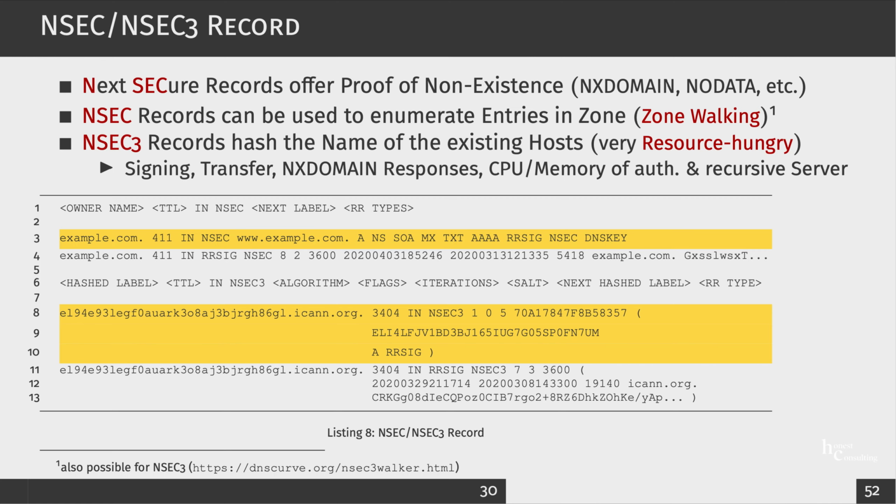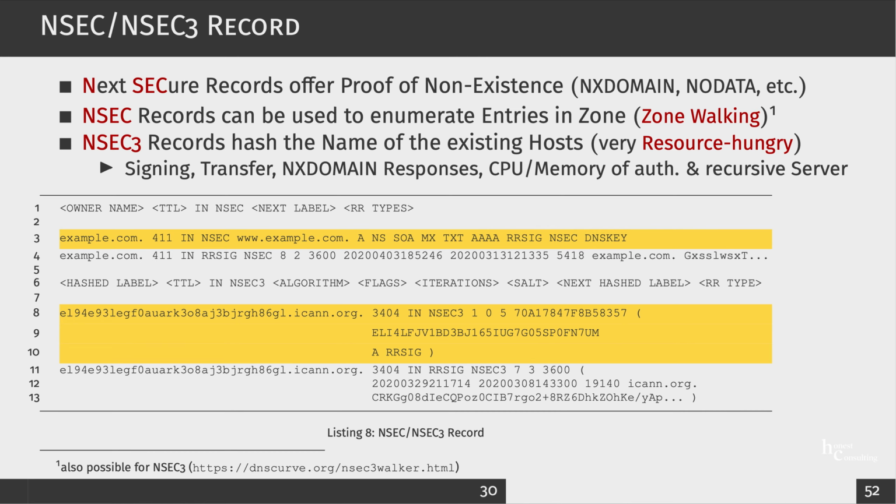So if you have DNS records A, B, C, and E, the NSEC record for C would be E, because D doesn't exist. And because that's the easiest way to create a proof of non-existence in DNSSEC, you can actually use this approach for something that is called zone walking.